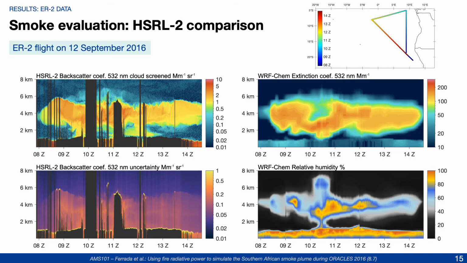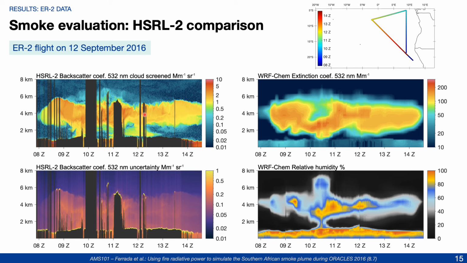We also compared against the HSRL data on board the ER2 aircraft on September 12th. Here you can see the track of this flight. On the left, we are showing the backscatter coefficient and the uncertainty of this data. All data gaps shown in black are because of cloud filtering.